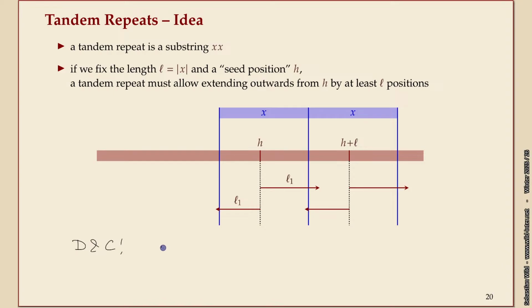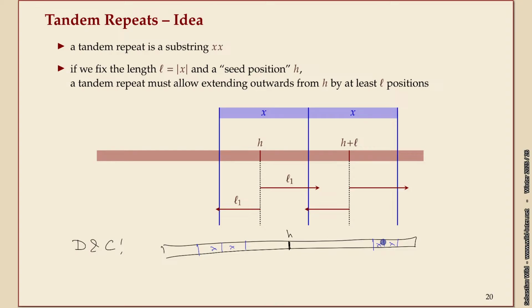In particular, if I have a string, there's only 4 different kinds of tandem repeats that I could have. Let's pick the middle position here as a special position and call it h. I could have a tandem repeat here entirely to the left of h, or here entirely to the right of h. Or I could have one that contains h, and there's 2 ways you could do that.